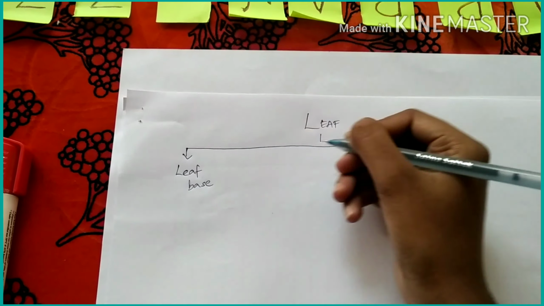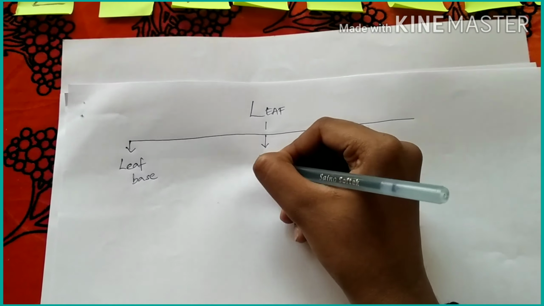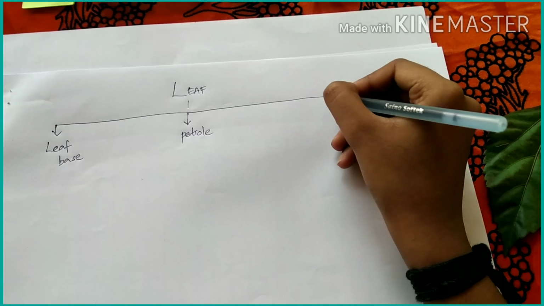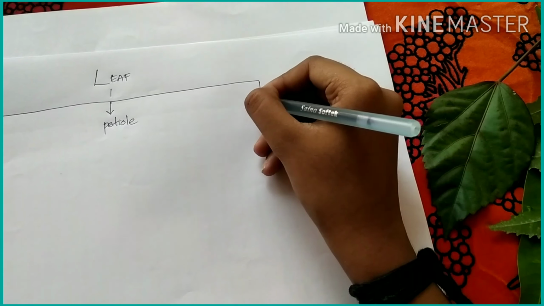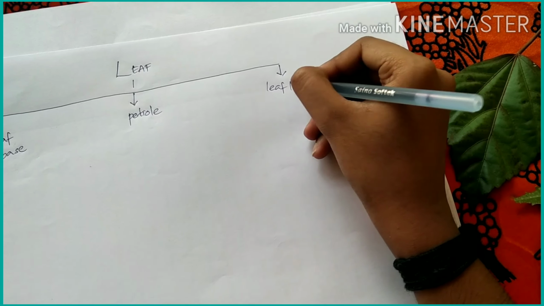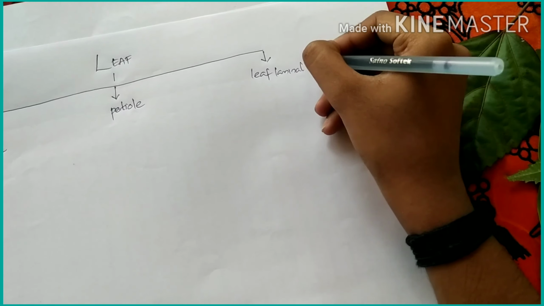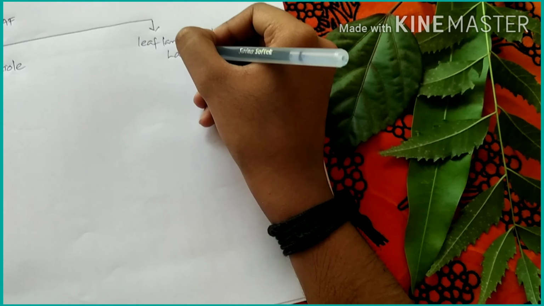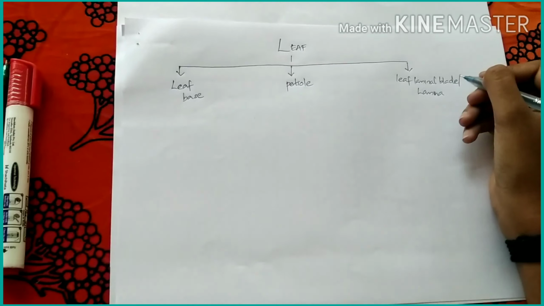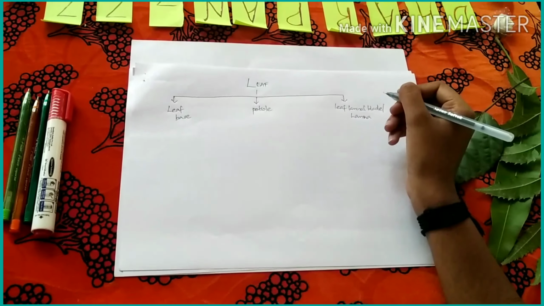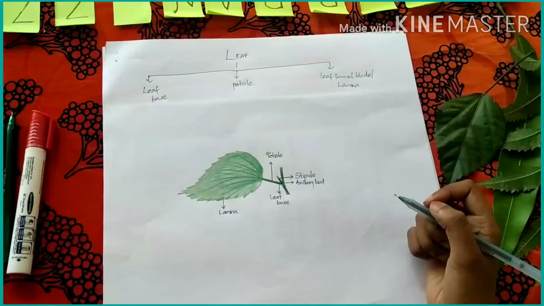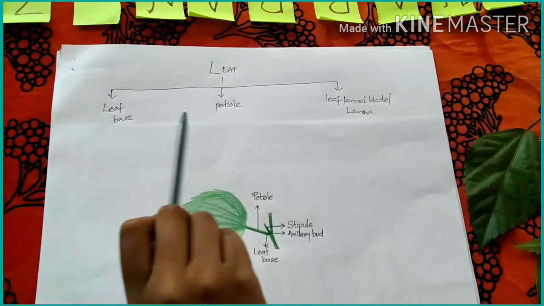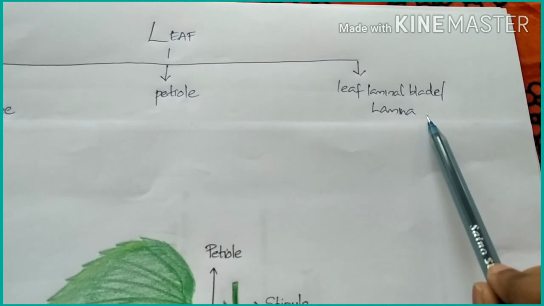The next one is the petiole, and the last one is the leaf laminal blade, or the lamina of a leaf. So the three regions are leaf base, petiole and leaf laminal blade or the lamina.